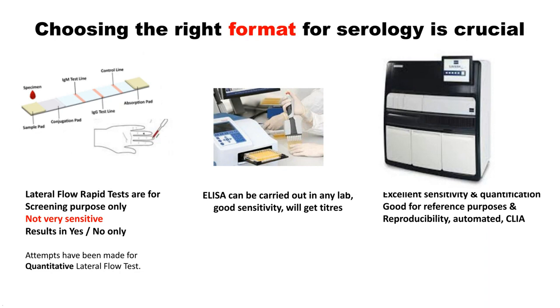It's also very important to choose the right format. The tests are available for lateral flow, but the lateral flow rapid tests are normally not very sensitive and are only qualitative, not quantitative.